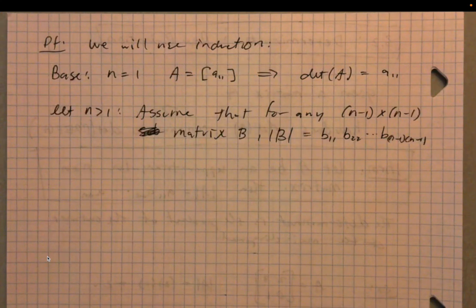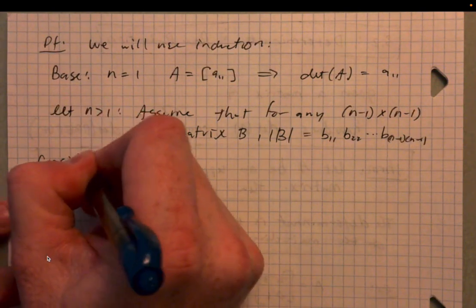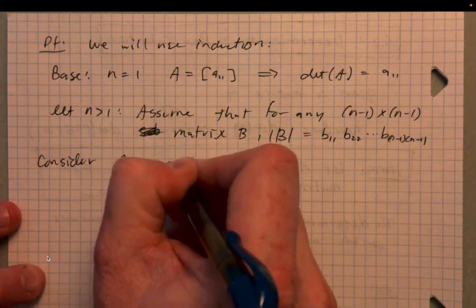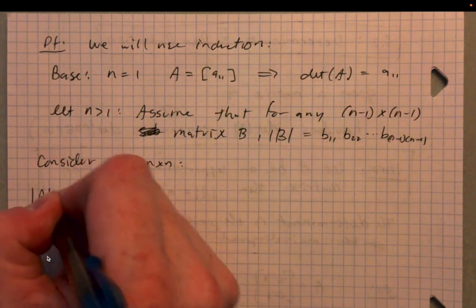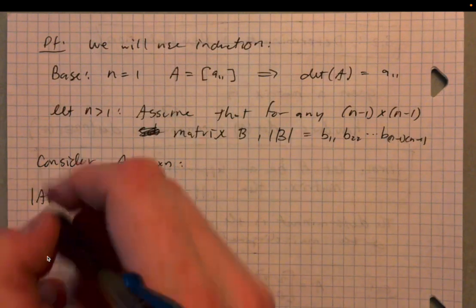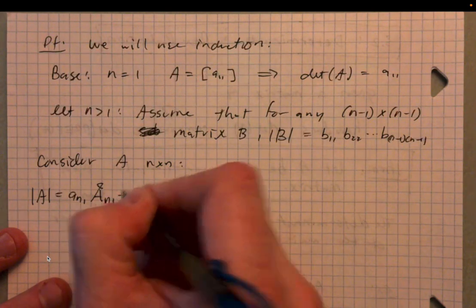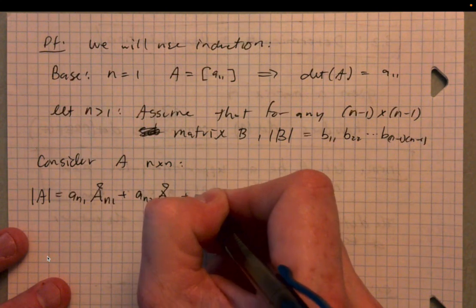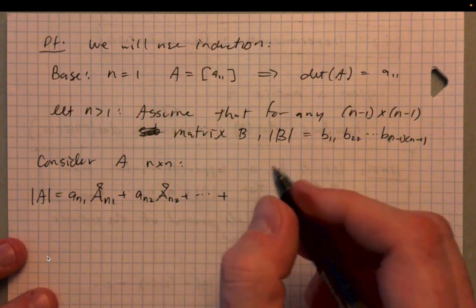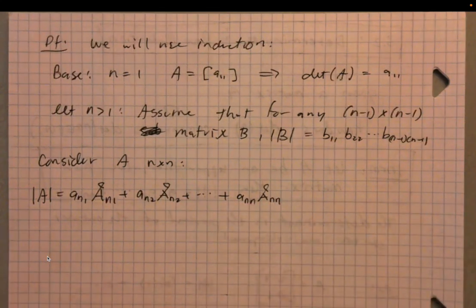Okay. All right, then consider A n by n. So the determinant of A, let's just write it out. It's going to be an1 times its cofactor, plus an2 times its cofactor, plus dot, dot, dot, plus ann times its cofactor. That's just the definition.